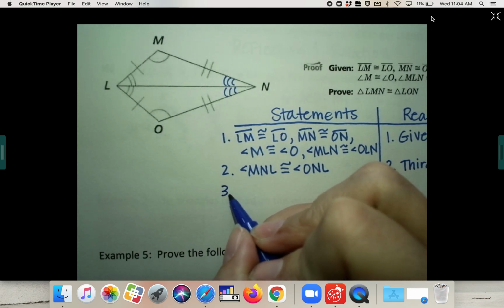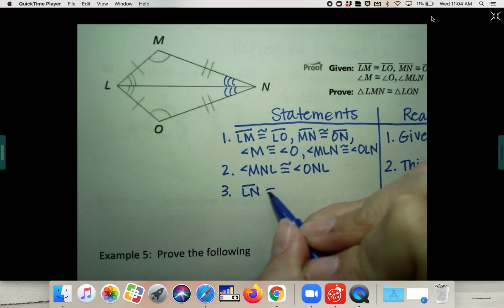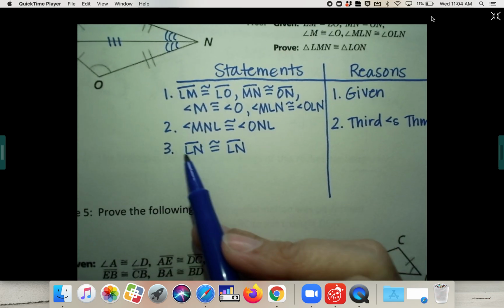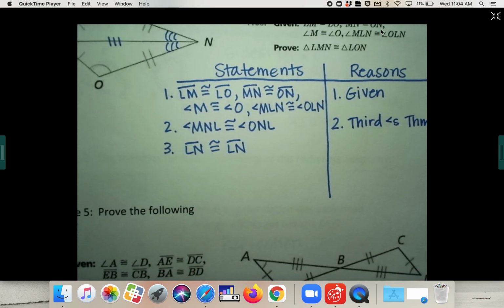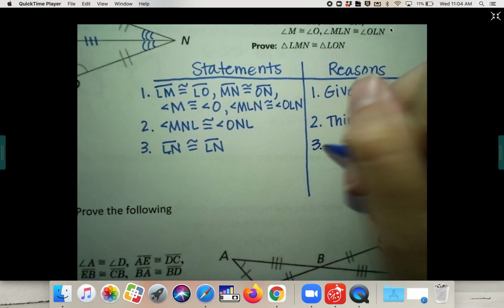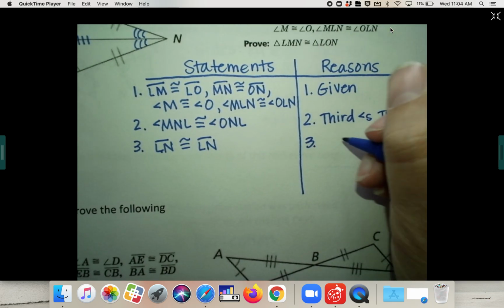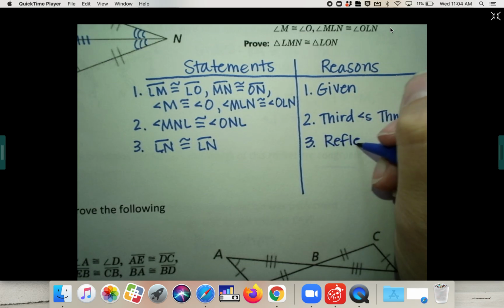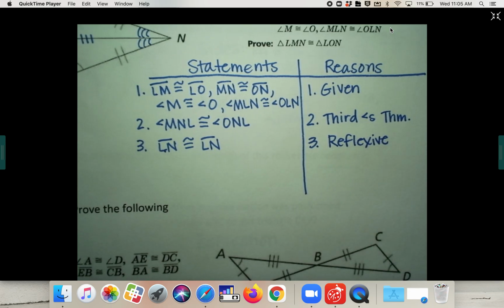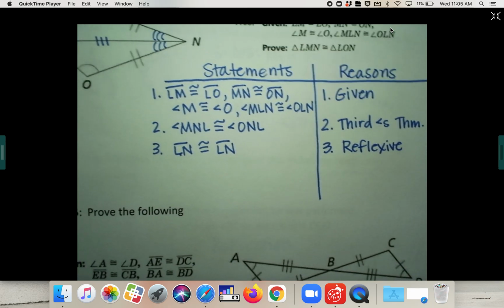So if LN is congruent to LN, we can give it its own little 3 hash marks. Take a look at this. We learned in an earlier chapter what reason this is. Here's your review: it is called reflexive. If you have the same thing equal to itself or congruent to itself, it is by reflexive definition.